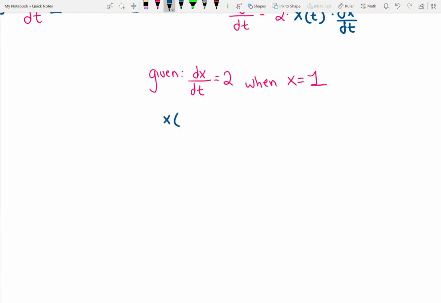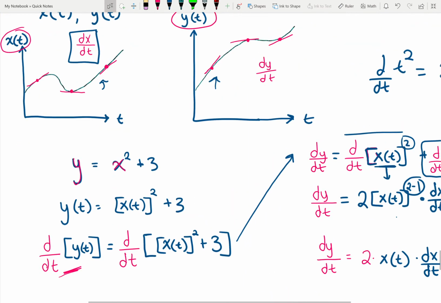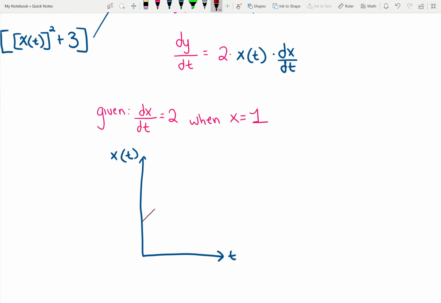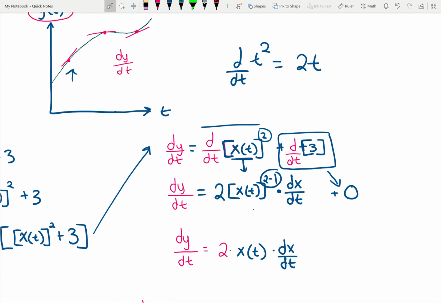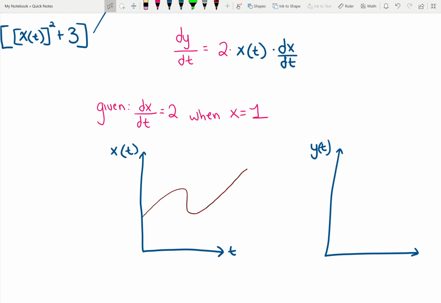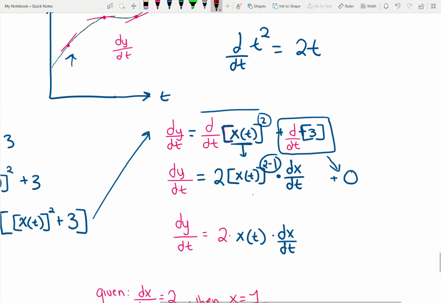Here's x of t, x, here's t. Make the same as before. So it looks like this. And here's y of t. Remember, these are just arbitrary curves I'm just drawing. It's more important that you guys get the concept down than anything. I think I just drew the same curve, just higher.